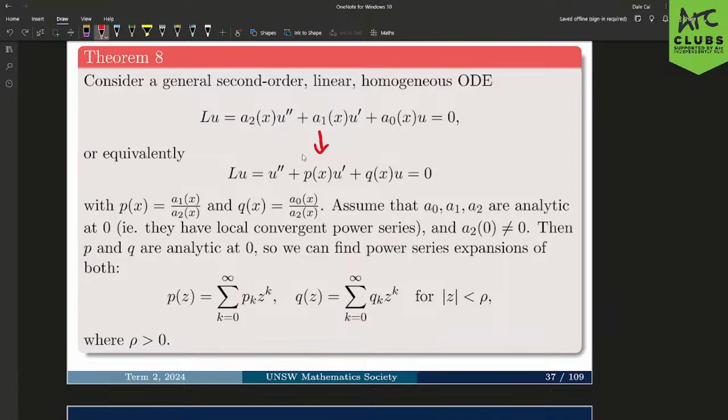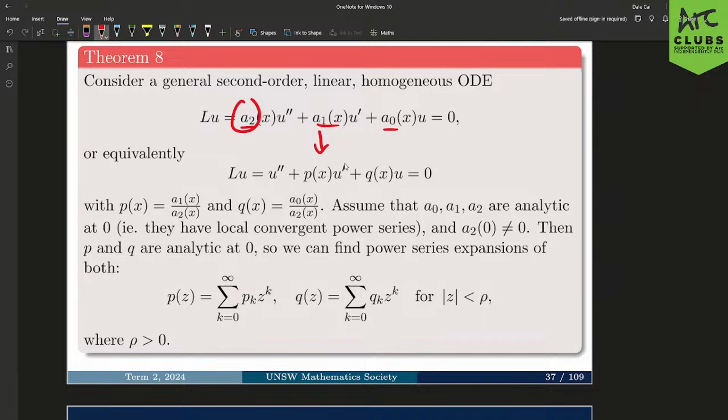So we're going to assume that all of these are analytic at 0, which means they have convergent power series, and that it's not singular. So the leading coefficient is never 0. Remember, that means we can divide it without any issues.